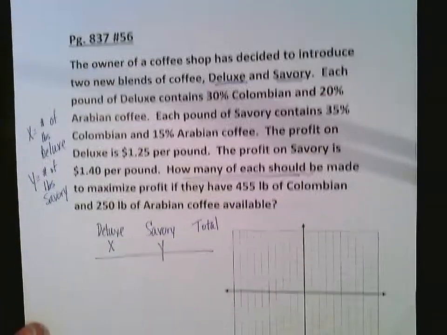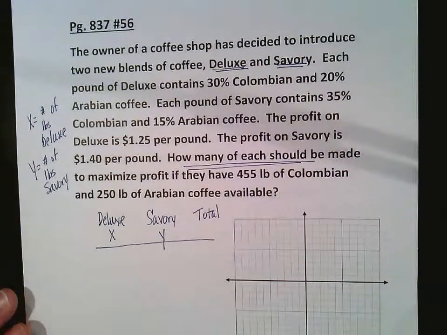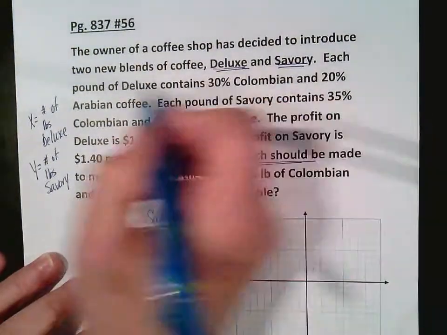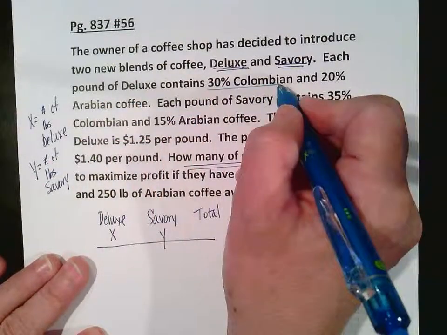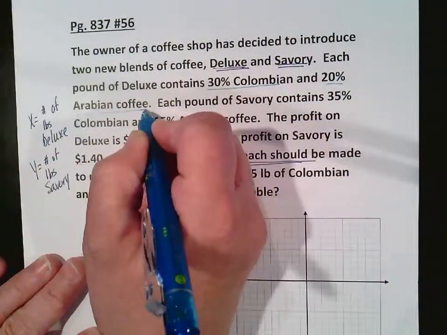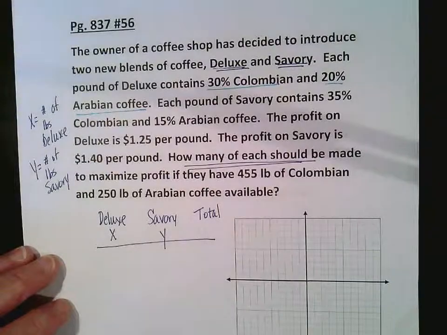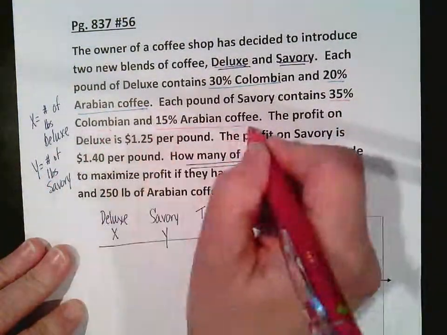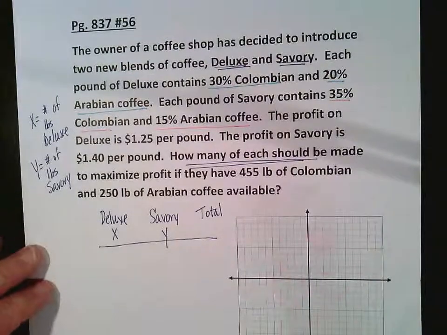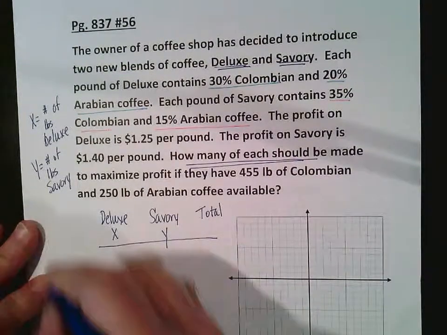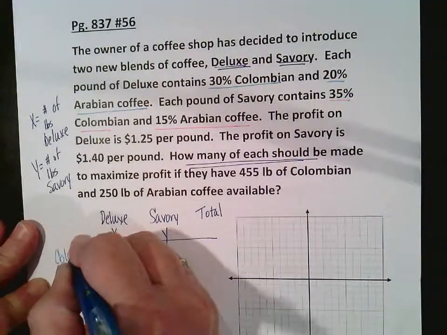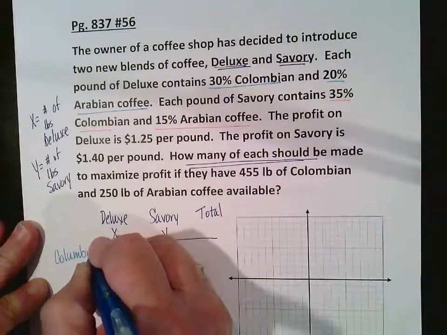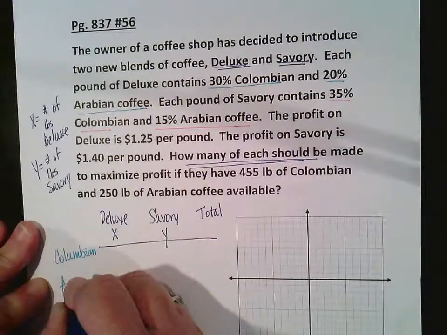Then each pound of deluxe has 30% Colombian and 20% Arabian, and each pound of savory has 35% Colombian and 15% Arabian. So I know I'm going to have Colombian coffee and Arabian coffee as part of these mixes.